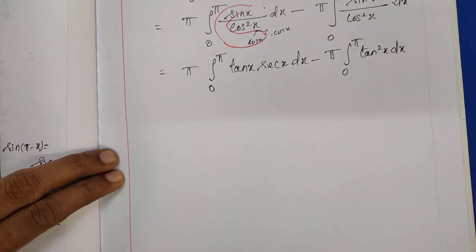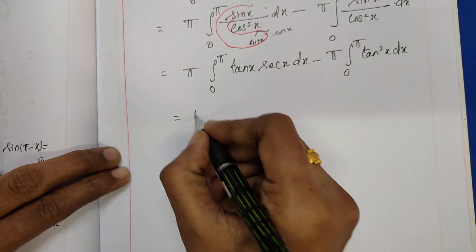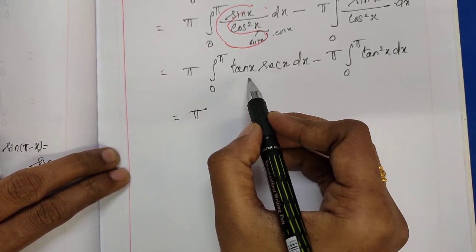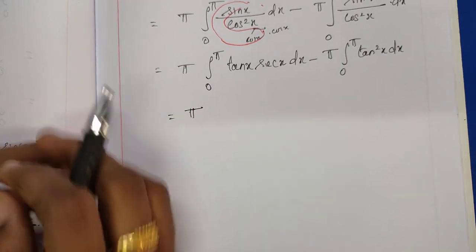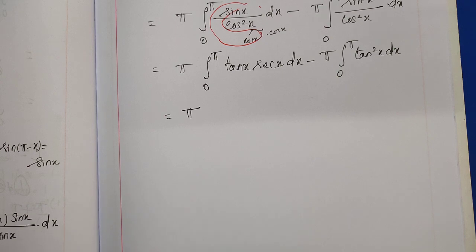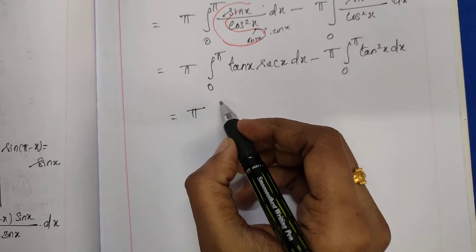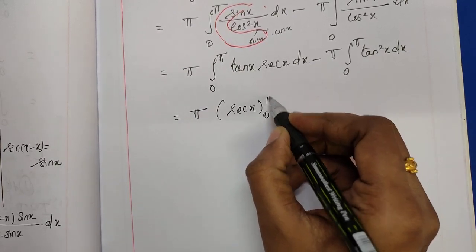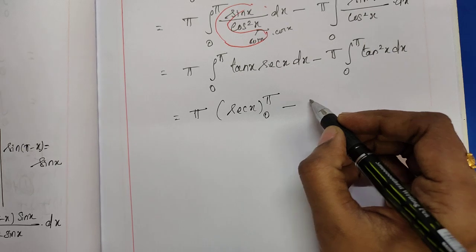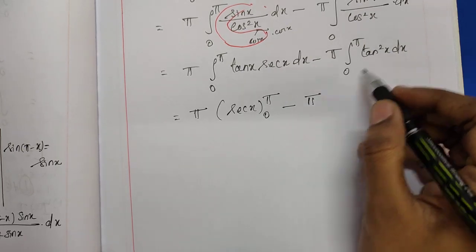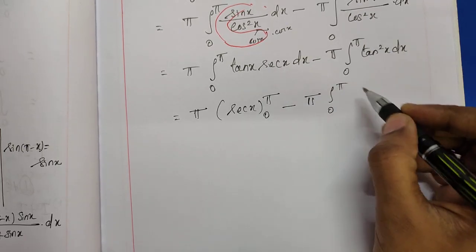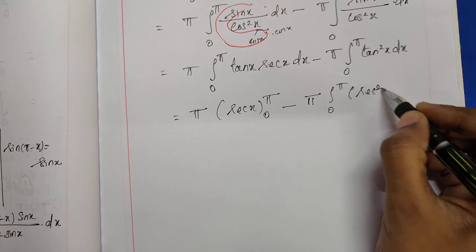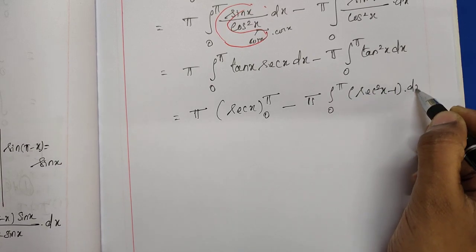The integral of tan x secant x is secant x, with limits 0 to pi. Minus pi times the integral where tan squared x is written as secant squared x minus 1, dx.